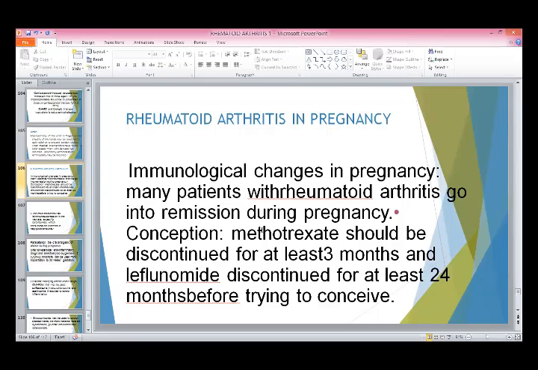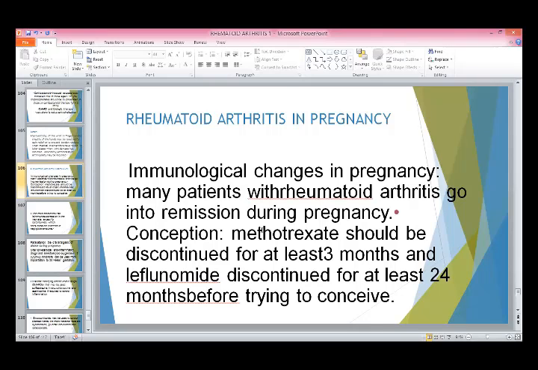Then rheumatoid arthritis sometimes occurs in pregnancy, or pregnancy occurs in a patient already suffering from rheumatoid arthritis. Because of immunological changes in pregnancy, many patients with rheumatoid arthritis go into remission during pregnancy.